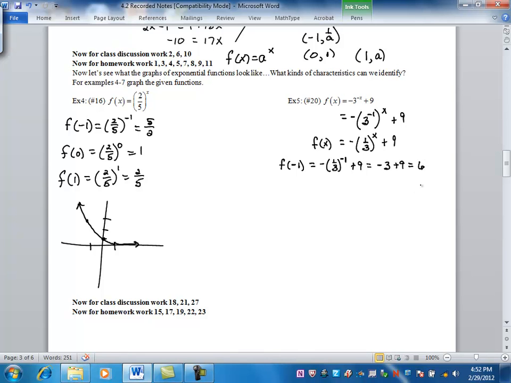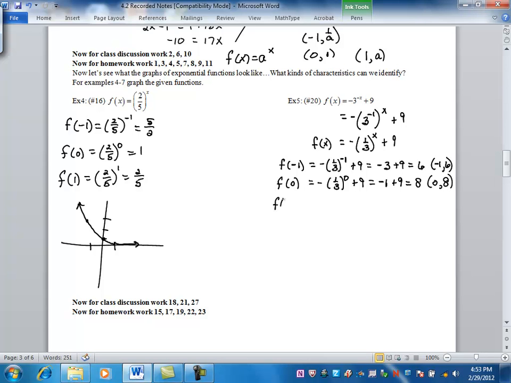So this is going to give me the point negative 1, 6. Alright, I can take f of 0 here, and so we get the opposite of 1/3 to the 0 power plus 9. We know this becomes negative 1 plus 9, which is 8, so I get the point 0, 8.